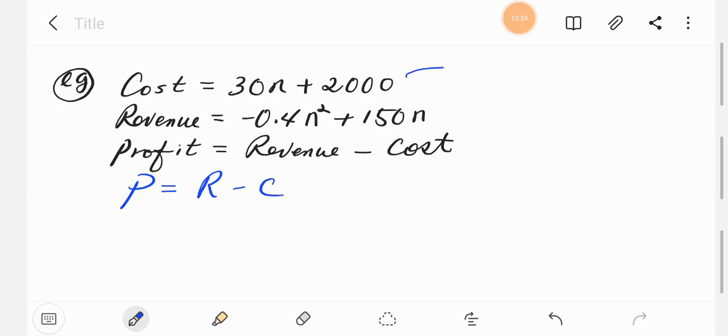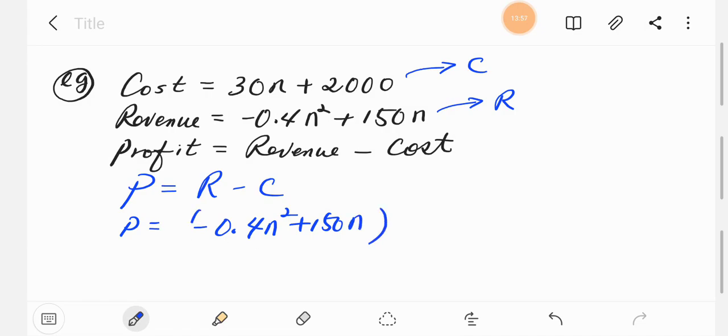So let's say this is C, the cost, and this is the revenue R. So P is equal to the revenue, the expression for the revenue is negative 0.4 n squared plus 150n. So this is the revenue, and then minus the cost, 30n plus 2000.